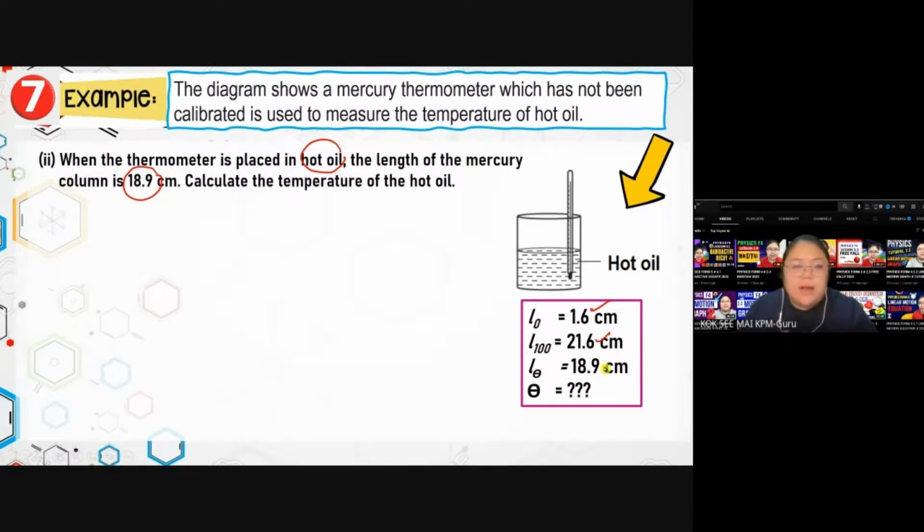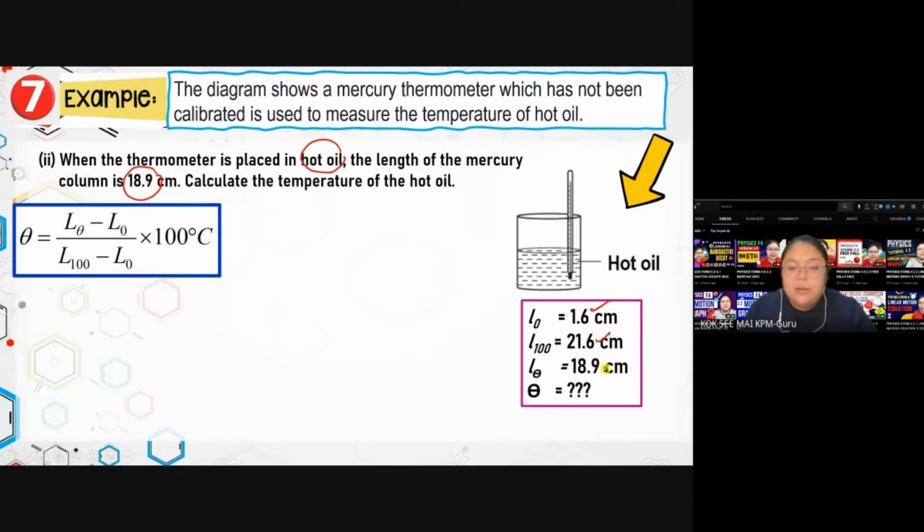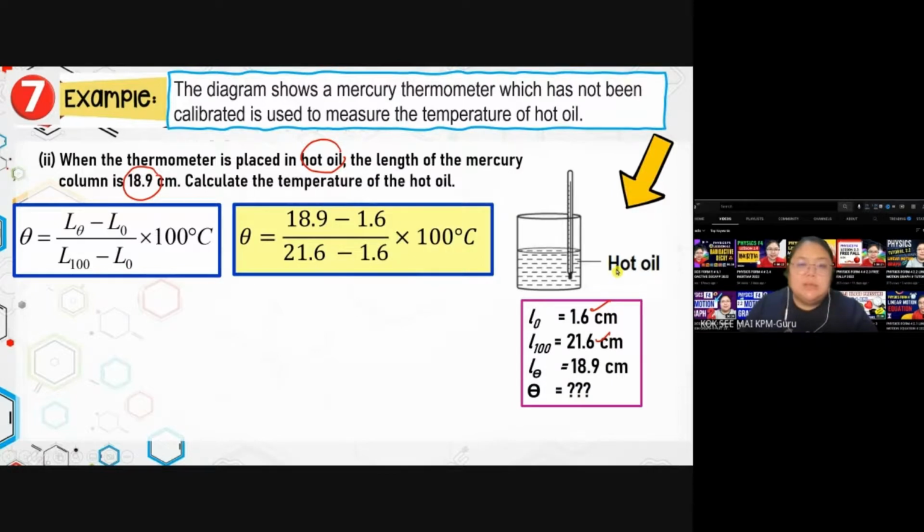So I find it out using the formula. L theta is 18.9 minus 1.6, over L100, 21.6 minus 1.6, multiply by 100 degrees Celsius.